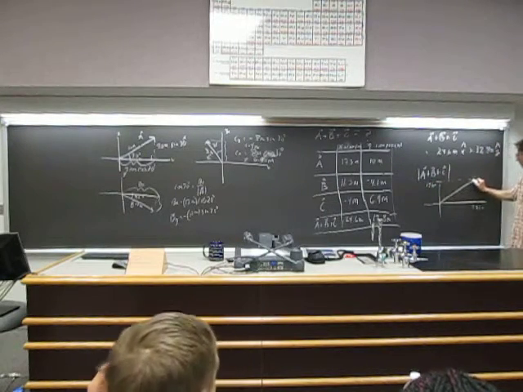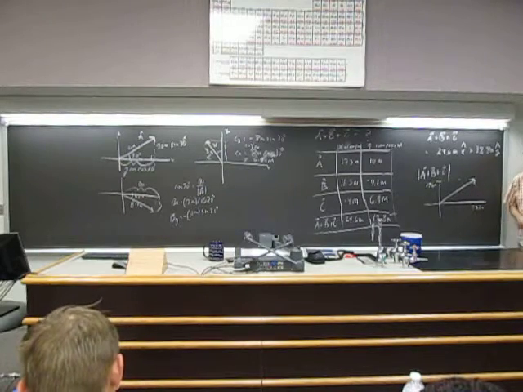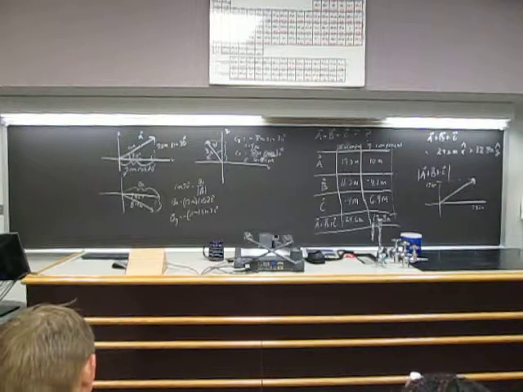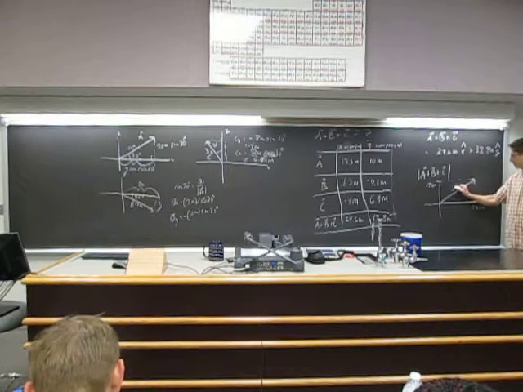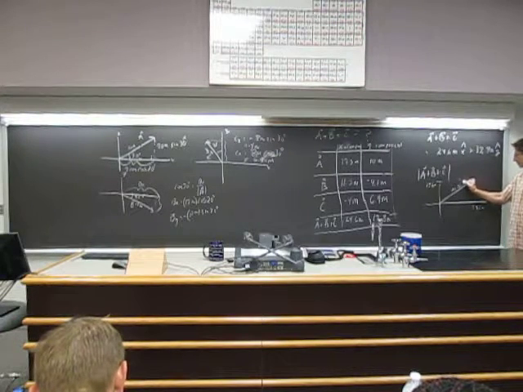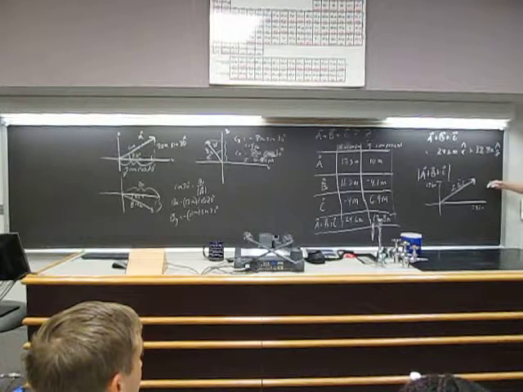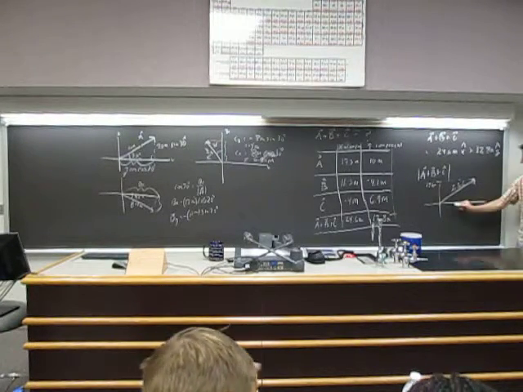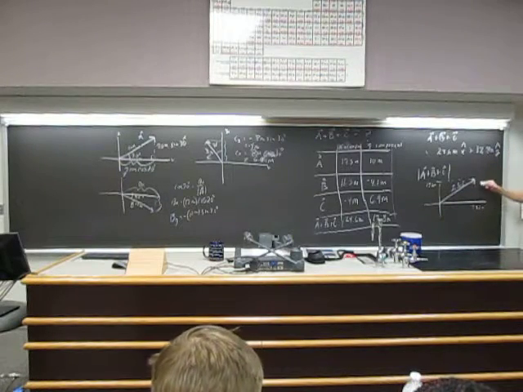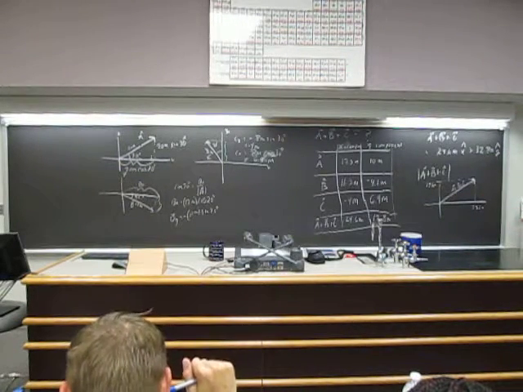I would draw the arrow like that. Okay, that's A plus B plus C. And so if I want to get the magnitude of it, I'll just use the Pythagorean theorem, won't I? Take this side, square it, plus this side, square it, take the square root.